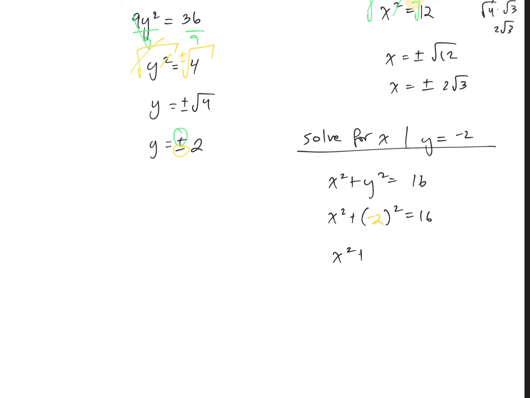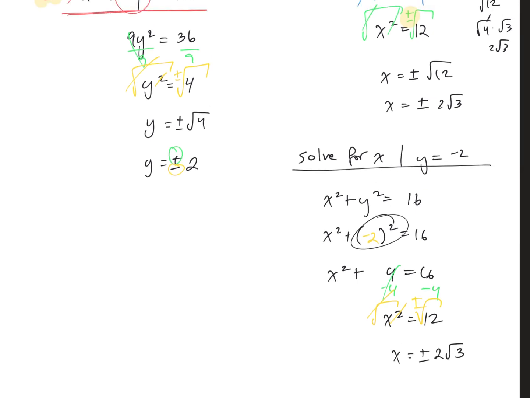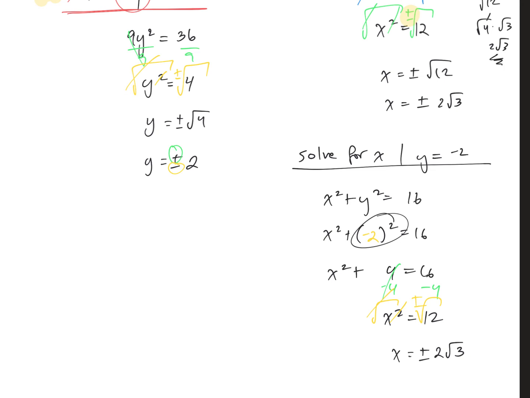It actually looks like it doesn't make much of a difference because we square it. So it'll be a positive 4. 16 minus 4 from both sides. Square root both sides. And we get x equals plus or minus 2 root 3. And once again, we showed how to do that earlier up here to get 2 root 3.